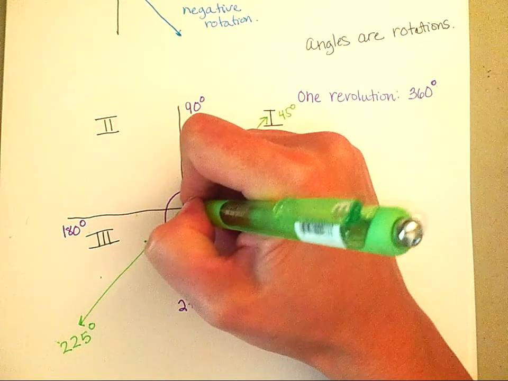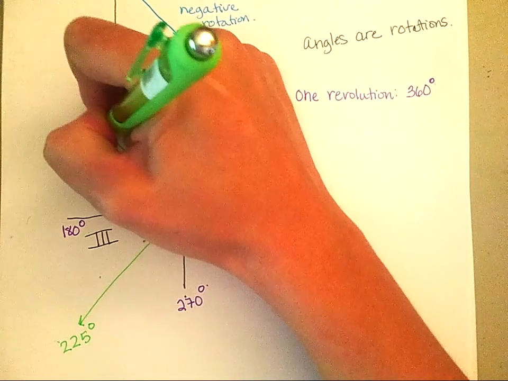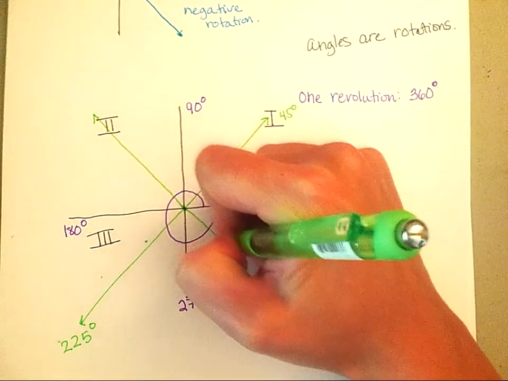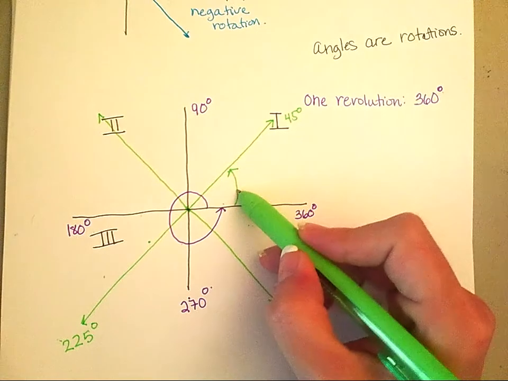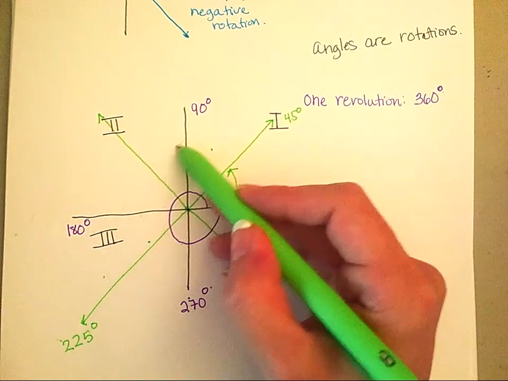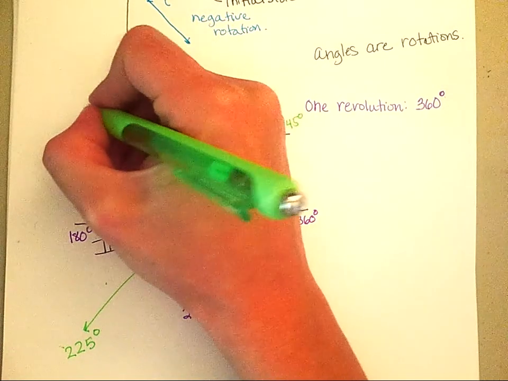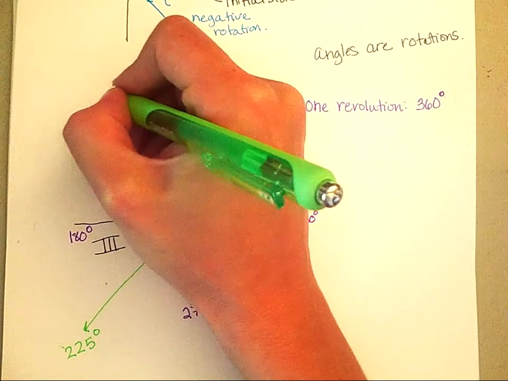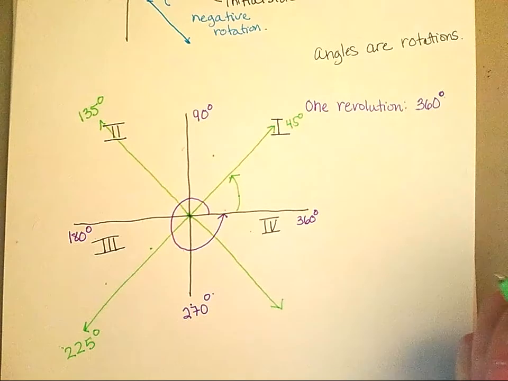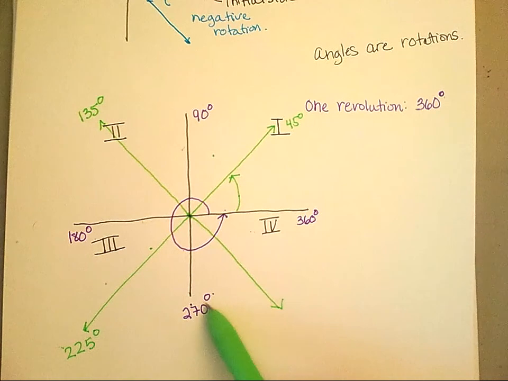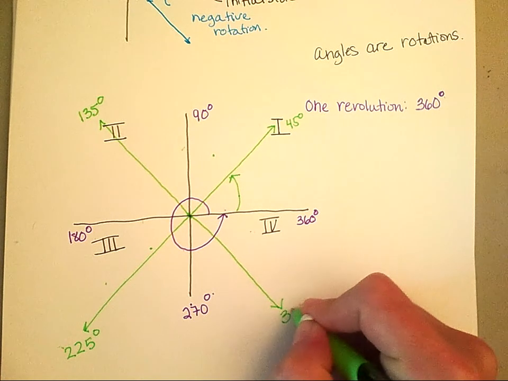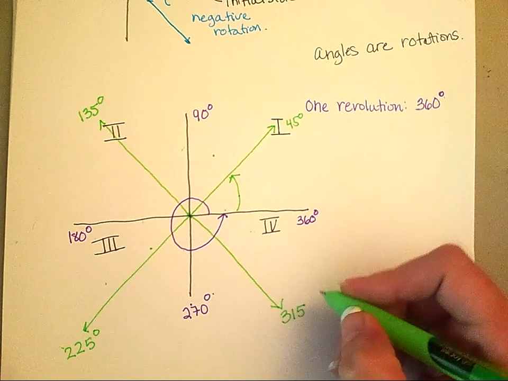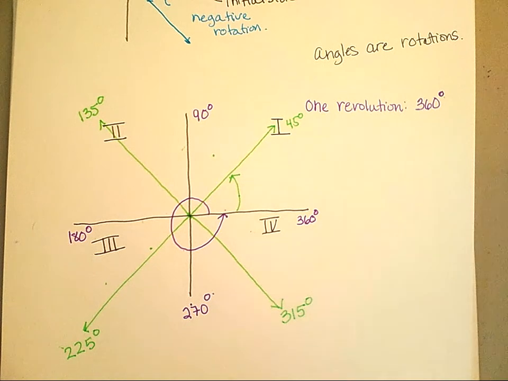And we could put the rest in as well. We could put in this 45-degree line, y equals negative x. Now if this is 45, this is 45. Here's another 45. So this angle must be 135 degrees. And similarly from here to here, 270 plus 45 degrees is 315 degrees.